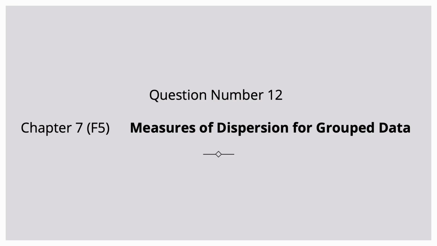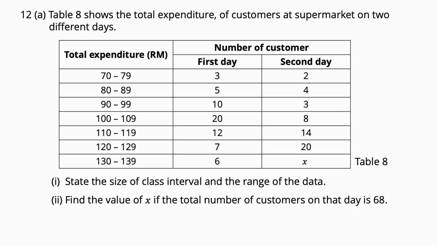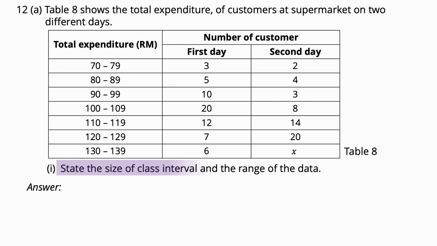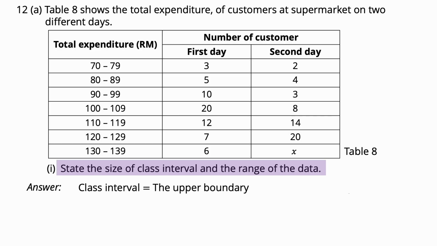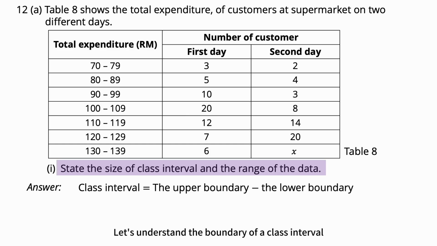Question number 12. A1. State the size of class interval and the range of the data. The size of class interval is calculated as the difference between the upper boundary and the lower boundary. Let's understand the boundary of a class interval.